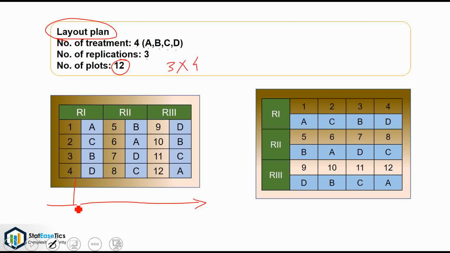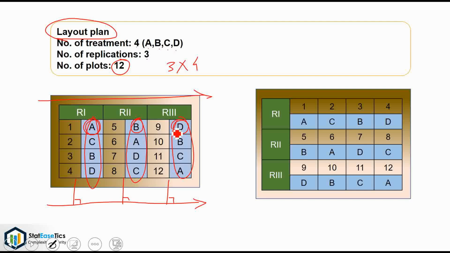Hence, the blocks are arranged in vertical direction, that is perpendicular to the fertility gradient. Within the block, the treatments are randomly allocated. Also, the treatments cannot be repeated in the direction of fertility gradient. That is, if treatment A is allocated here, at these places we cannot allocate treatment A.